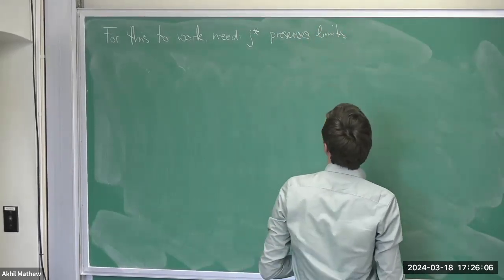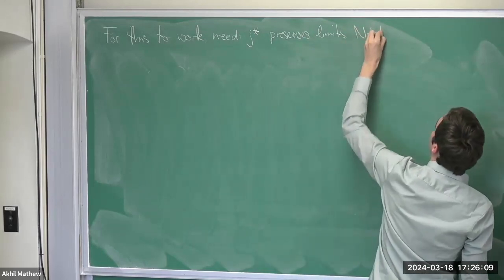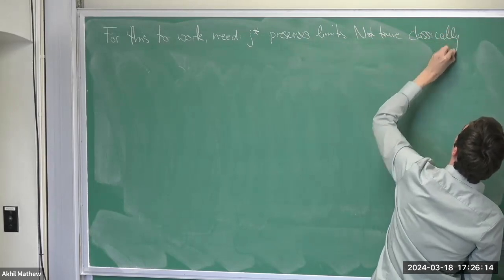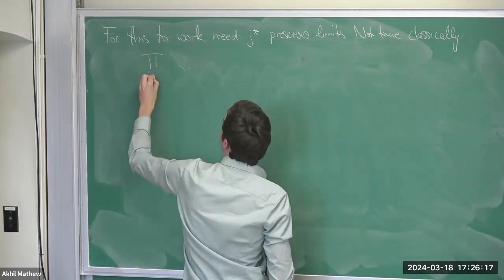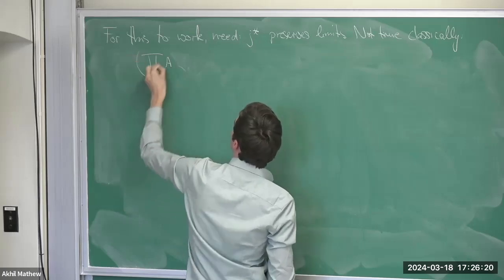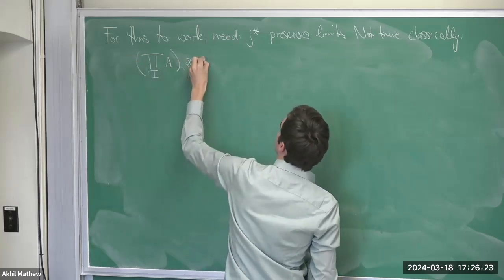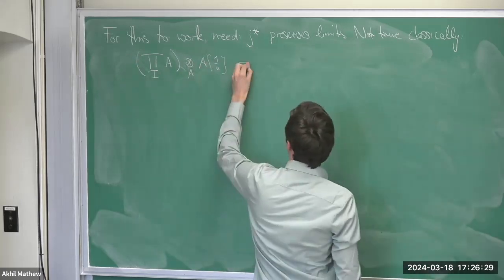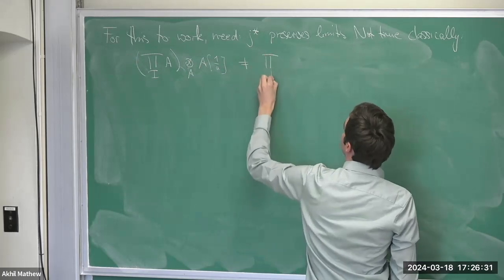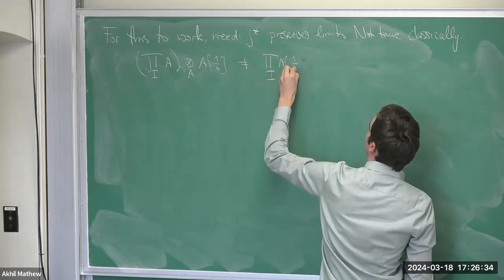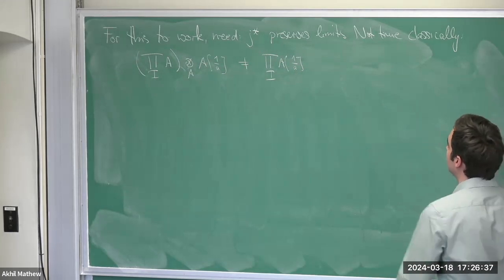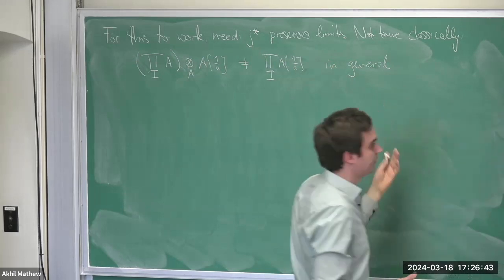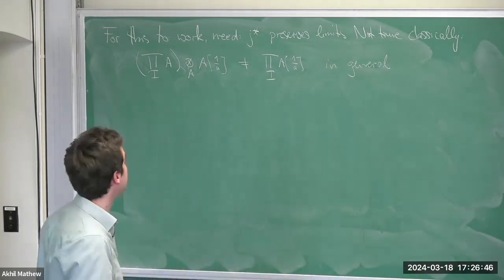This is not true classically, but it is true in the solid setting. Classically, take some product of copies of A, and then tensor it with A[1/a], and now this is not the product of copies of A[1/a]. And so this is classically where the theory breaks down, but suddenly it works.